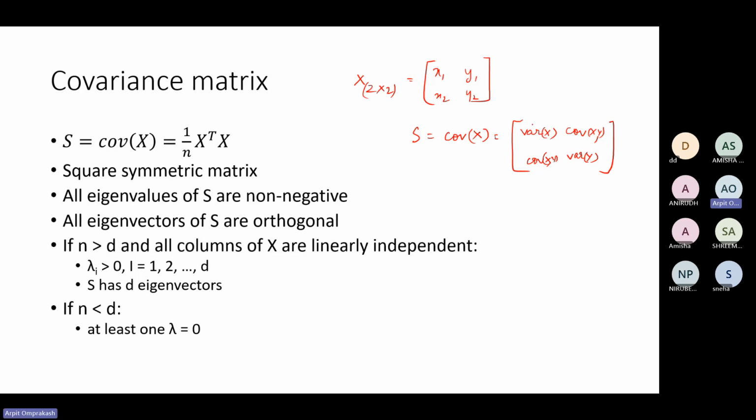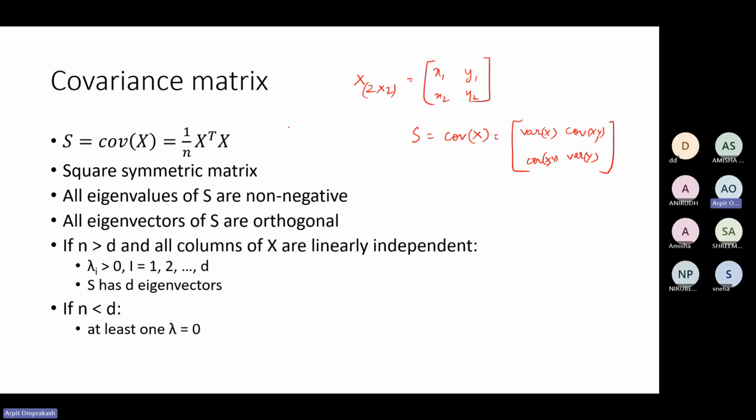So this is a square symmetric matrix, and it has various properties. So the first thing is all eigenvalues of the covariance matrix will be non-negative. All eigenvectors of the covariance matrix will be orthogonal. Okay. And if n is greater than d, and all columns of X are linearly independent.